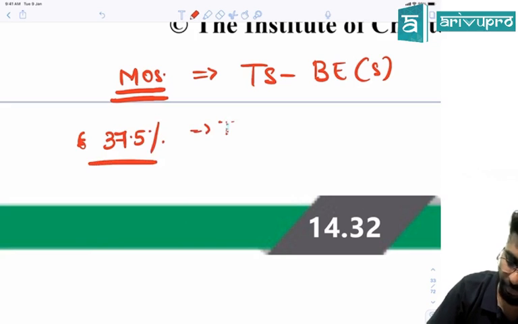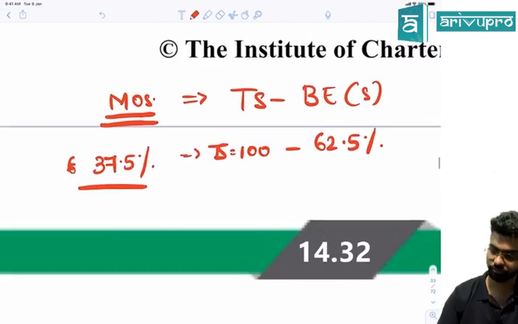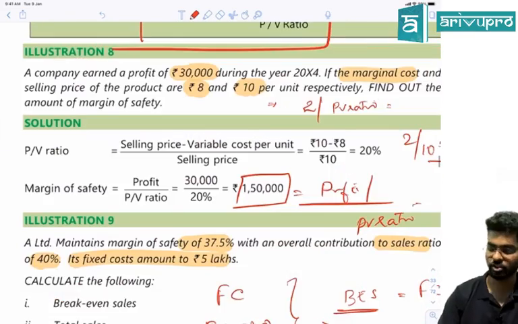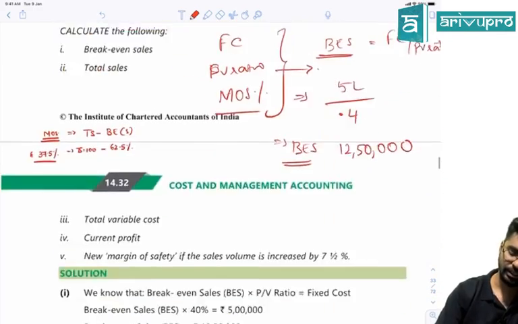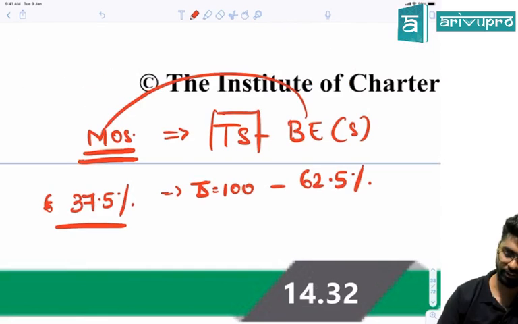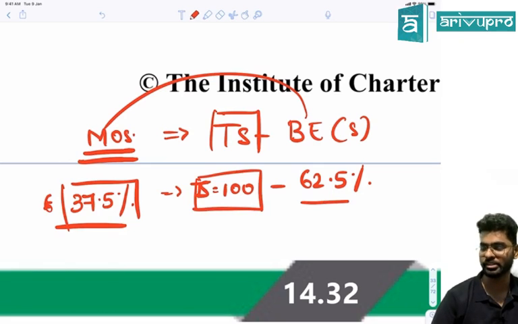Can I say then break even sales will be 62.5%? Yes or no? Because total sales minus break even sales is margin of safety percentage. So if this is 37.5, I know total sales is always 100%. Therefore, can I say break even sales will be 62.5%?